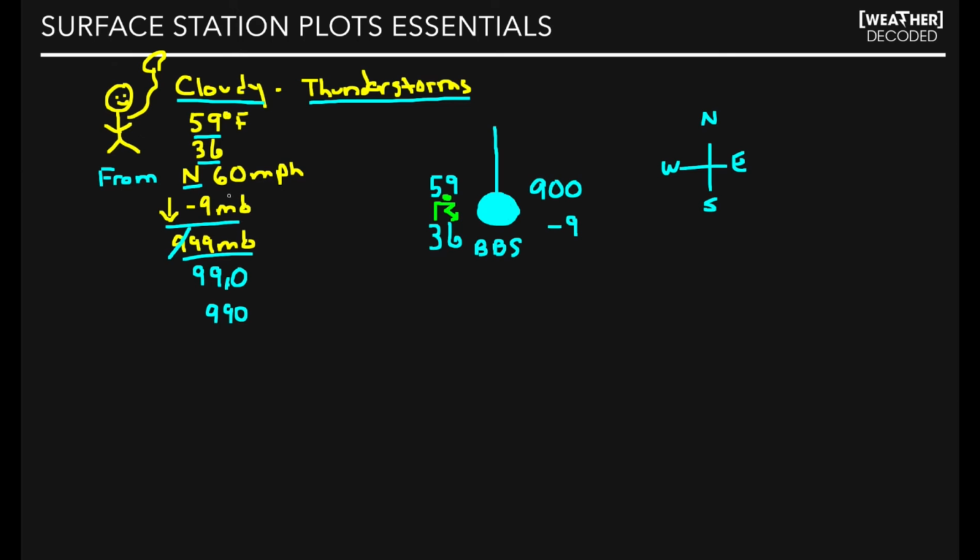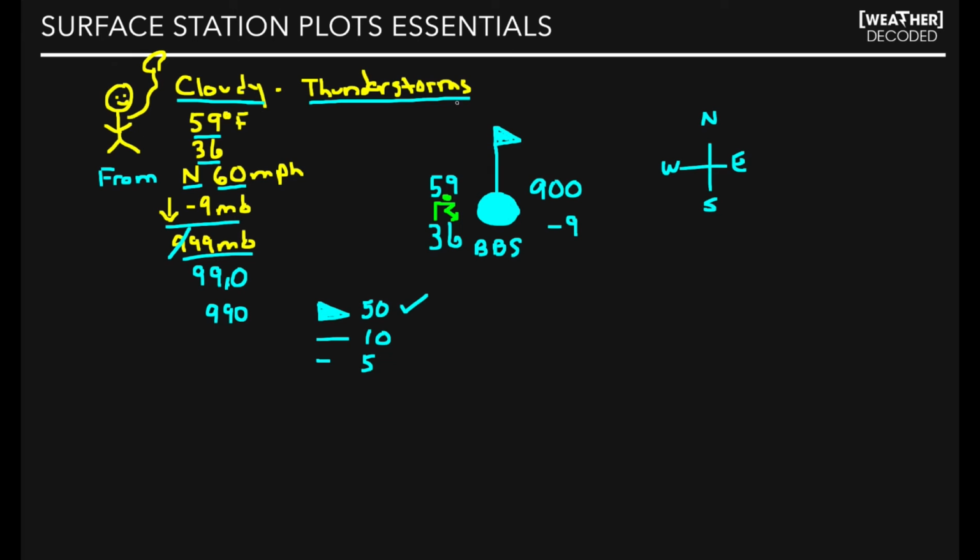So that's step 1. Now, we got 60 miles per hour here. So remember our little key. The flags can cover 50 miles per hour. The long sticks can cover 10 miles per hour. And the short sticks, 5 miles per hour. So we'll just add these things together. We got 60 miles per hour, so we can get a 50, so we can check that off. And remember, these things point clockwise.